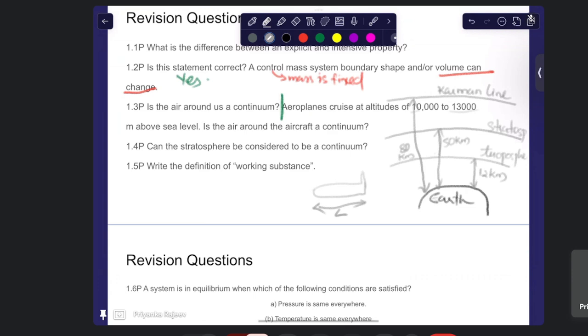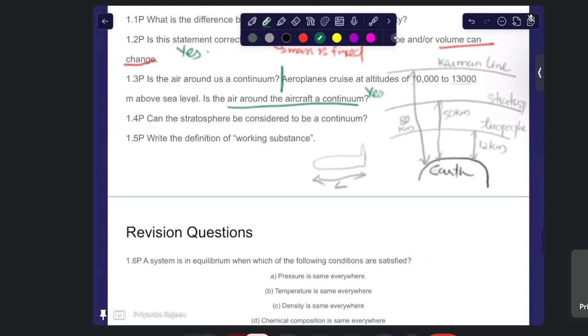So the density of air is so high in the troposphere that we can assume it has a very low mean free path length, and that means it is a continuum. So the answer is yes. You can assume it to be a continuum.